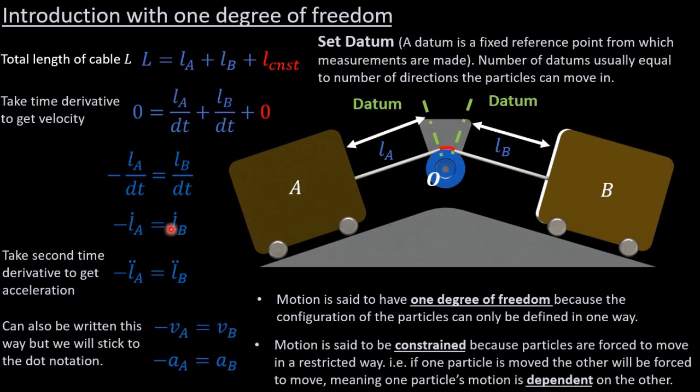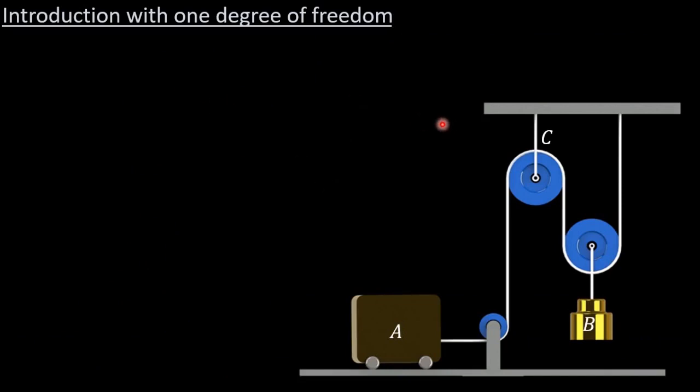So if we look at this system here, again, this has 1 degree of freedom, because if I focus on particle A and think how many ways can I change its position without directly changing it, the only way would be to move particle B. And the same thing can be said for particle B. If I look at particle B and think how many ways can I change its position without changing it directly, the only way would be to move particle A. So because of that, again, we say this has 1 degree of freedom and the particles' motion is constrained.